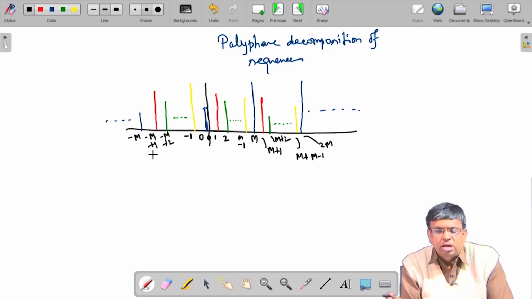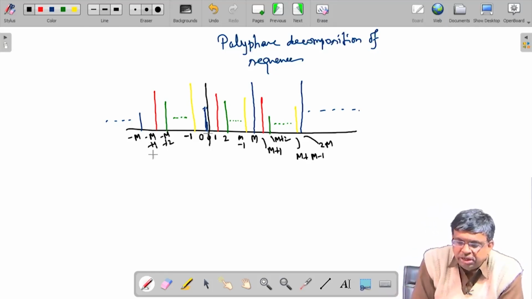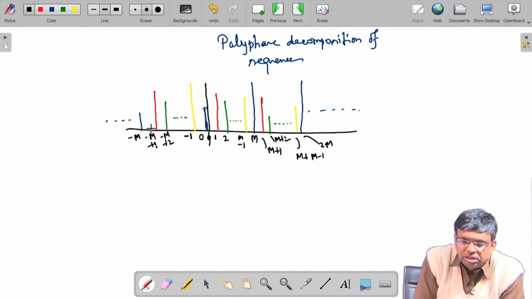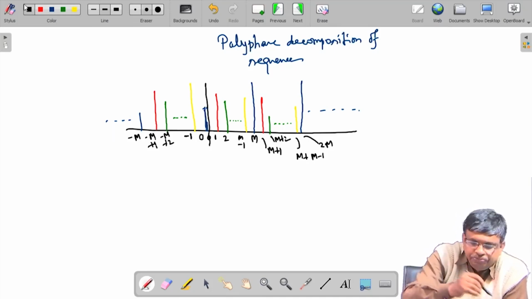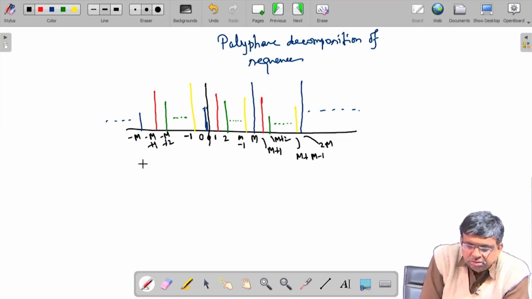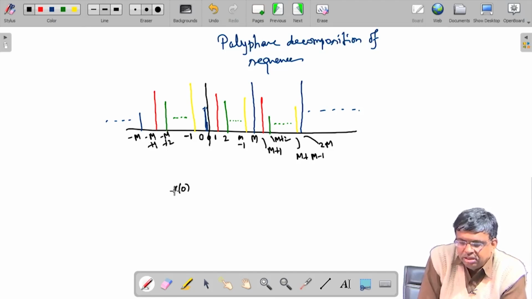So, I just colored the samples. Suppose from this I take the 0th, mth, 2mth, minus mth and so on. That is, I just decimate it, downsample it by a factor capital M, as I just told you a little while ago. So, if I decimate it by a factor capital M, then what I get is this. I get x 0, and I put a notch below this showing that this is the origin.